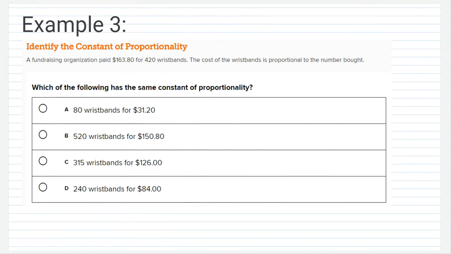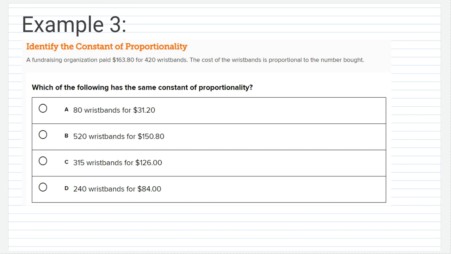So we're going to identify the constant of proportionality in this situation where a fundraising organization paid $163.80 for 420 wristbands. The cost of the wristbands is proportional to the number bought. We want to know which of the following has the same constant of proportionality.